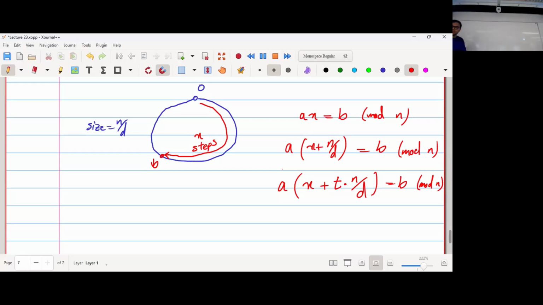D different values, because I want this whole thing to be between 0 and N. And every time I'm increasing my T by N over D, so I can do this D times. So I will have exactly D solutions.